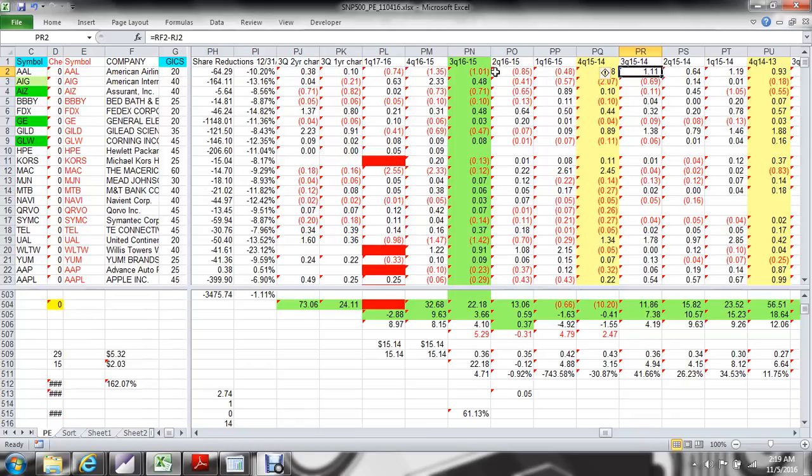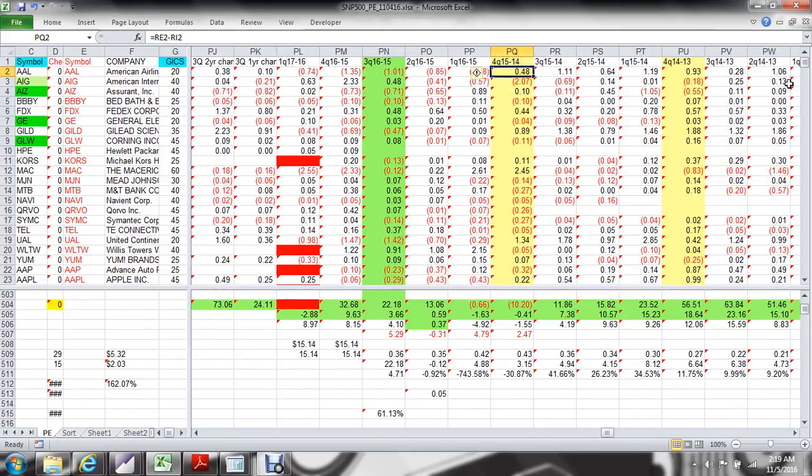Each one of these is a year-over-year difference in the quarter that we're looking at. You can see earnings. There was a lot more black back here, and there's a lot more red as we move forward.